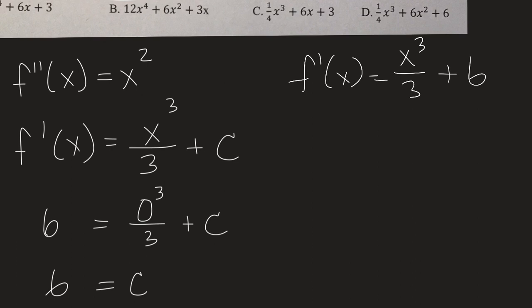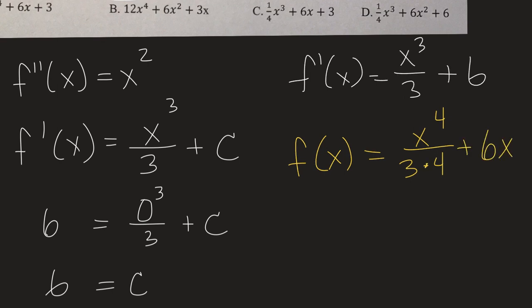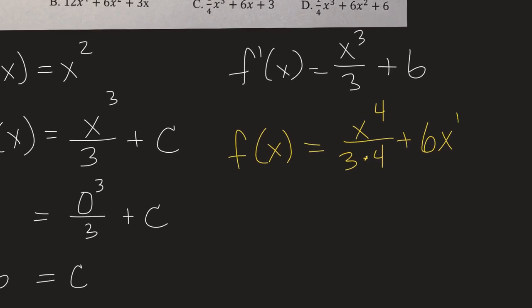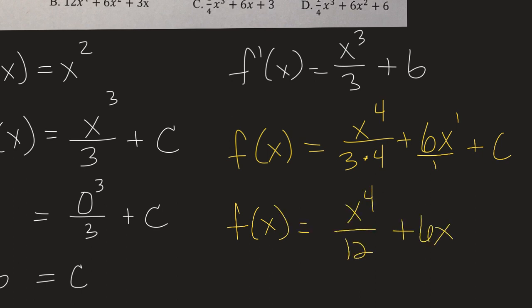And now we take the antiderivative of that, which is x to the 4 over 3 times 4, because we have another denominator, plus 6x to the first power over 1, which is just 6x, plus some value c. So our function is x to the 4th over 12 plus 6x plus c.